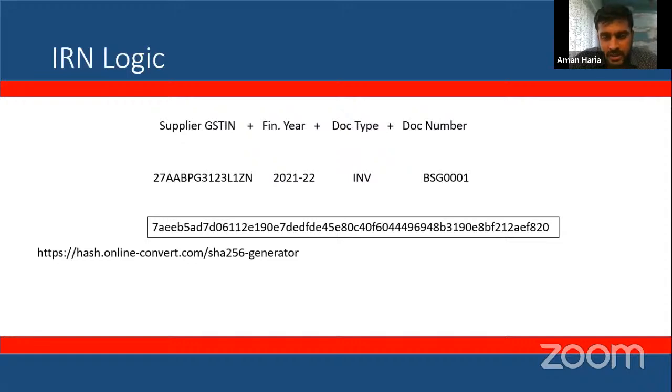All these 4 combined would create a specific 64-digit number, which is only understood by computers. For us, it might seem like random digits, but the computer understands it, and it is a unique number. So it is expected that whatever IRN is generated, this 64-digit long alphanumeric number, is reflected on your tax invoice before the same is printed and handed over to your customer.